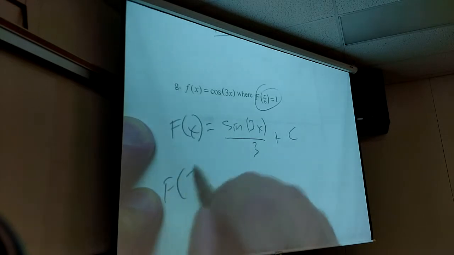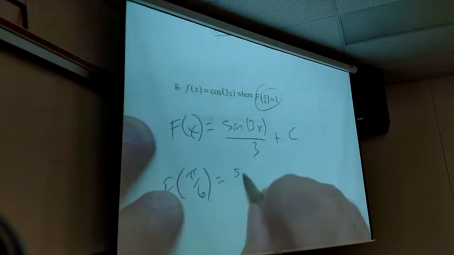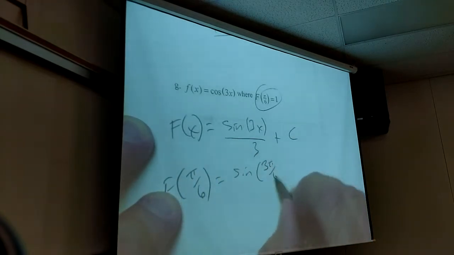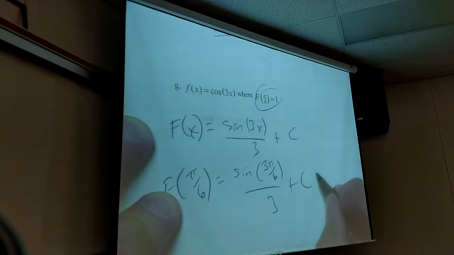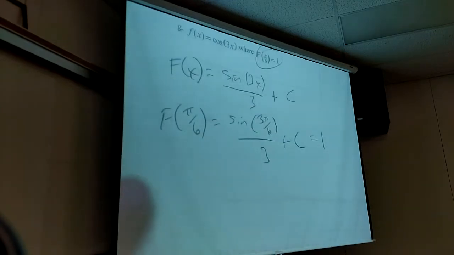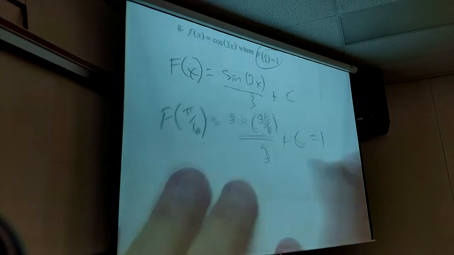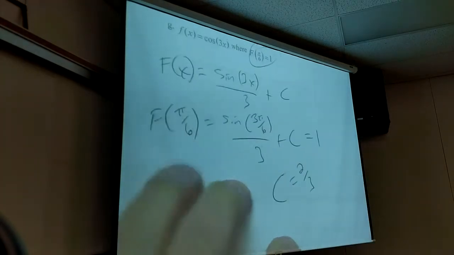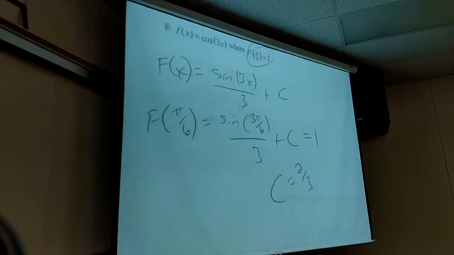So f of pi over 6 equals 1/3 sine of 3 pi over 6, plus c, which is supposed to be 1. So I use the information that I'm given, and now I can solve for c. What is sine of pi over 2? Right, is that what I get right there? Sine of pi over 2 is 1. So I get 1/3 plus c is 1, so c must be the other 2/3. Now don't circle that. What's your answer?